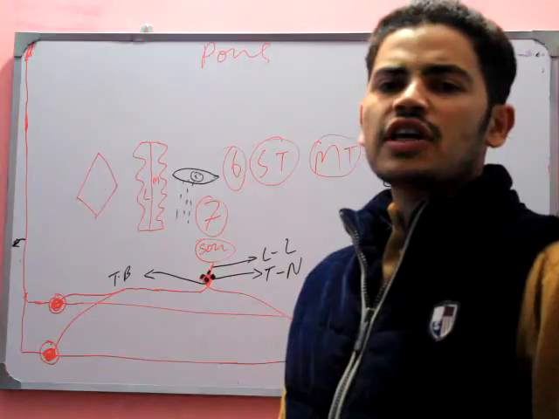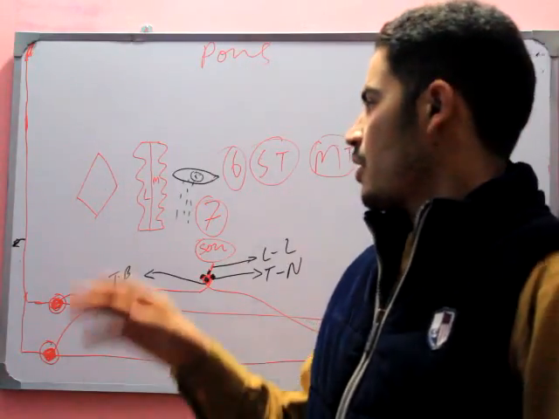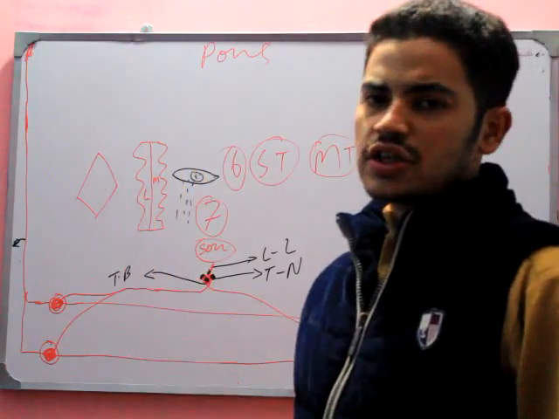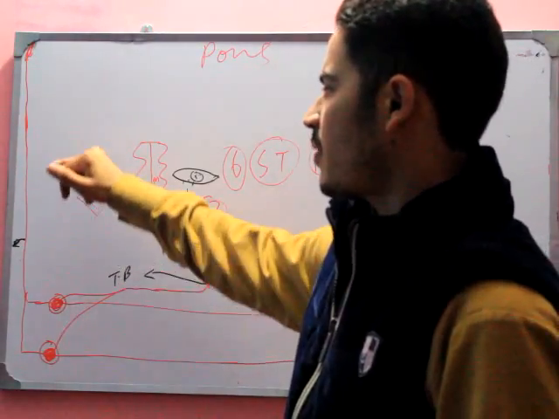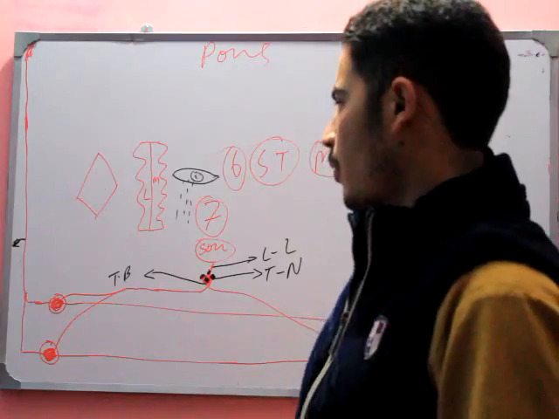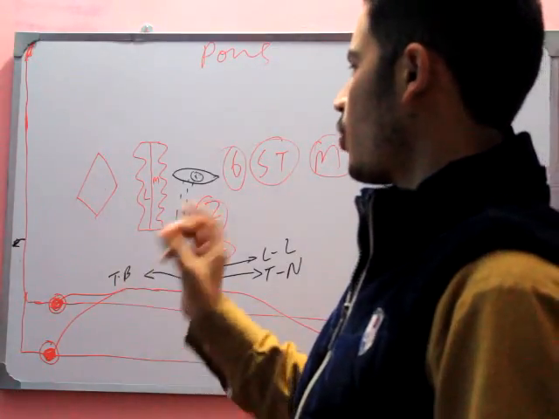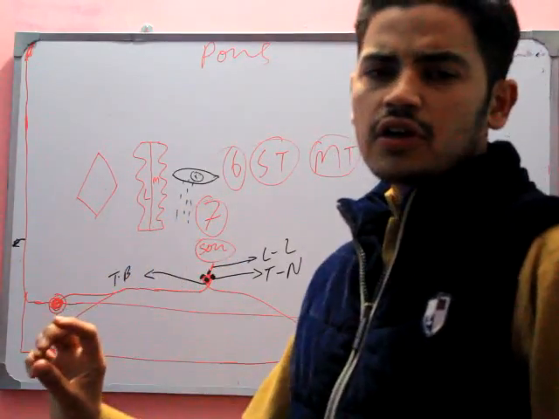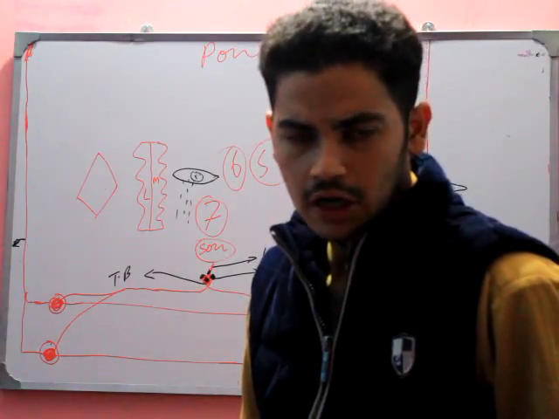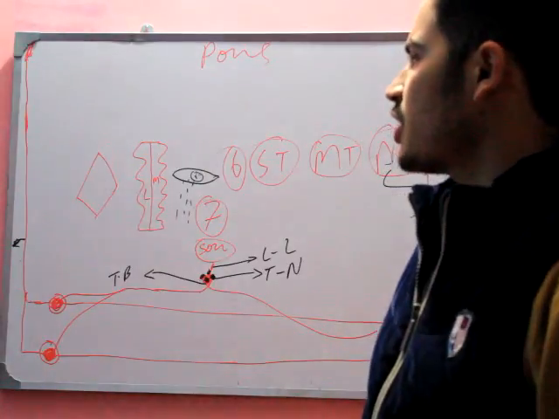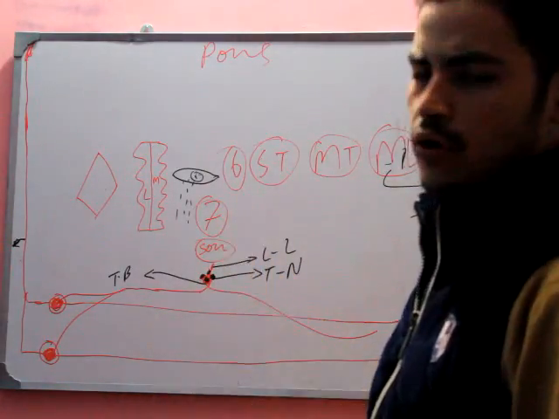Vestibular nuclei is actually present on the pontomedullary junction. Half of its part is present above the pontomedullary junction, and only the inferior nucleus of the vestibular nuclear complex is present in medulla. The other three nuclei are contained in your pons section.